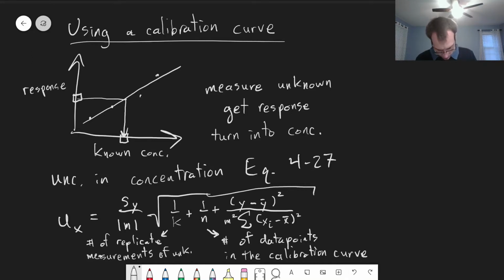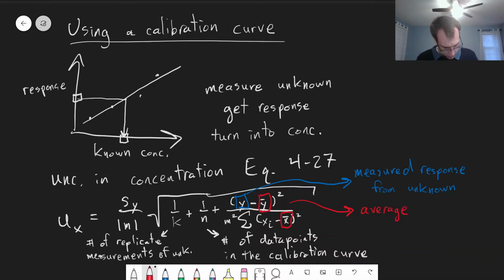And again, let me just remind you, y here is the measured response from the unknown. And y bar and x bar, these are the average values from the calibration points.